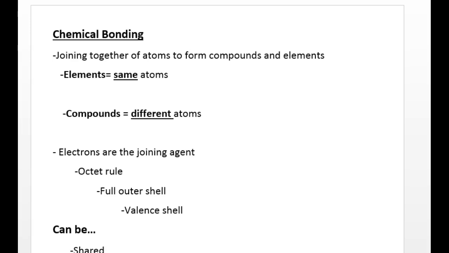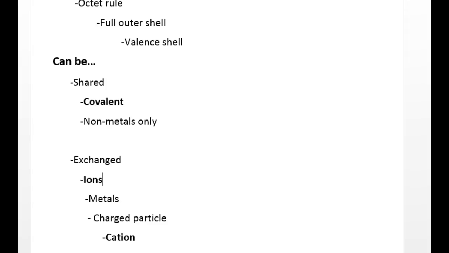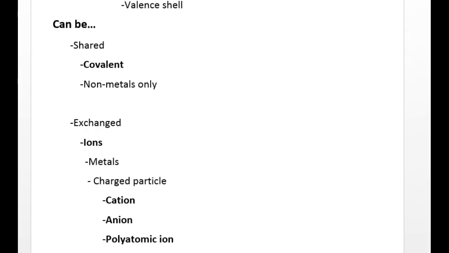And then if we go on here, look at the two types of bonds that we have. They can be shared, and we call that covalent. And this is non-metals only. So this is all the compounds to the right of the periodic table.